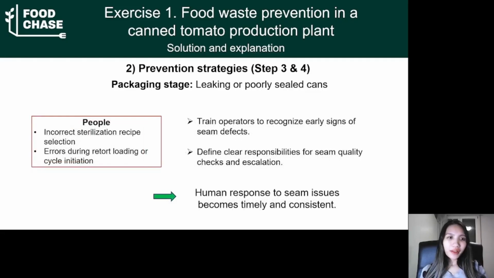About the employee factor, we can train operators to recognize the early signs of seam defects, or define clear responsibility for seam quality checks and escalation. Human response to seam issues becomes timely and consistent with this solution.